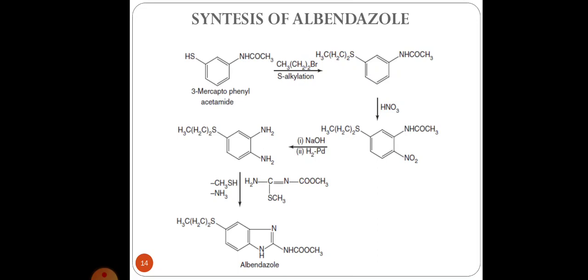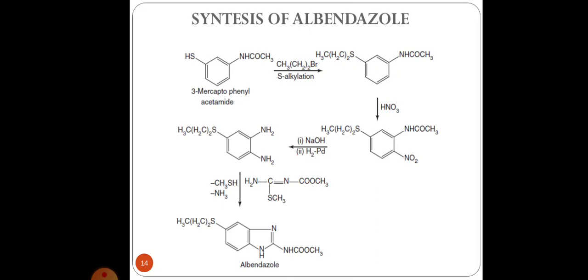This reactant on treatment with bromopropane undergoes alkylation to give rise to the compound N-3-propylthiophenyl acetamide.